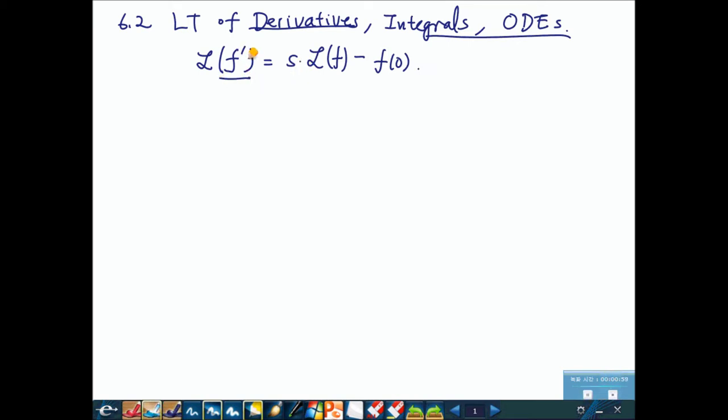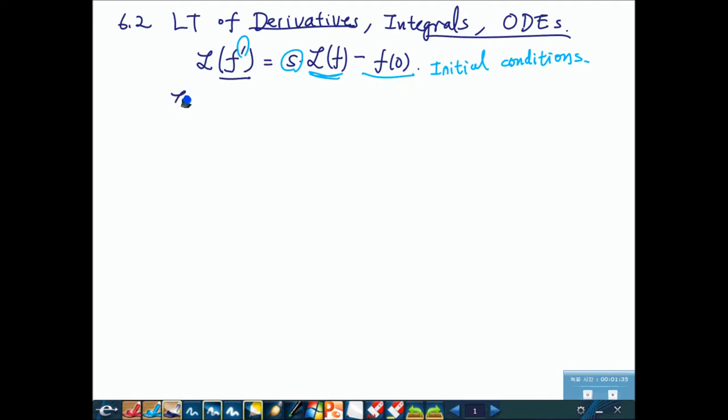If you have one derivative, you multiply 1 s to the original function Laplace transform, minus the initial conditions. A first prime means one initial condition; a double prime means two initial conditions.